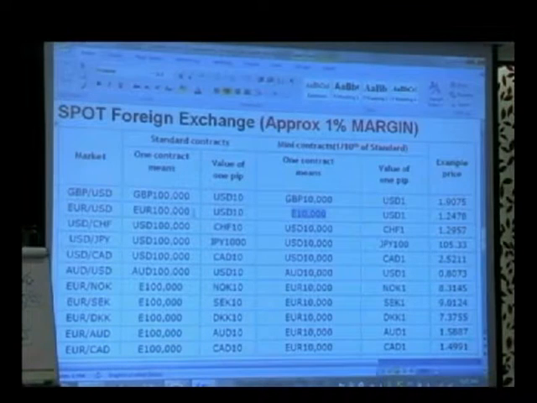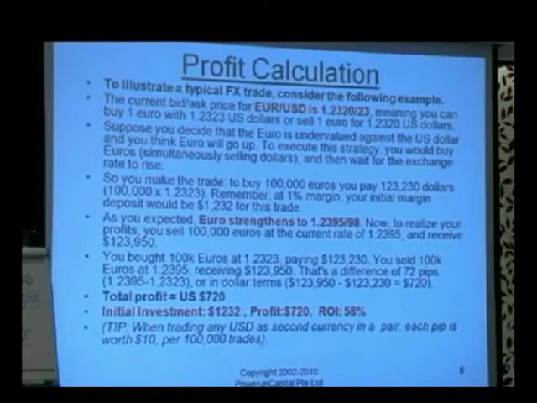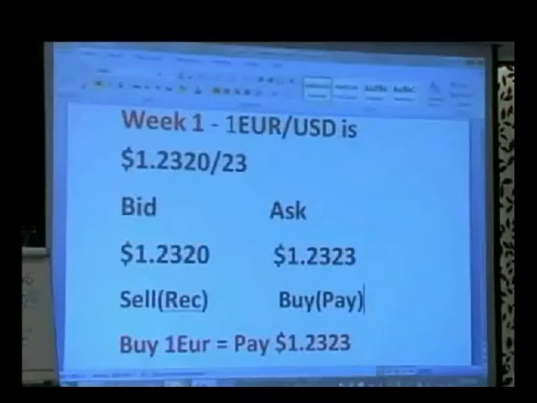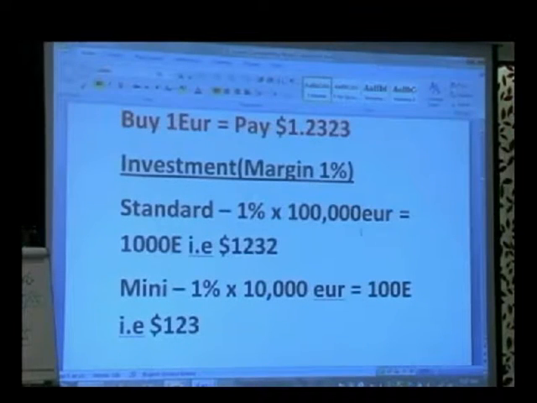But you don't need 100,000, neither do you need 10,000. You need only 1% of 100,000 and 1% of 10,000. Okay? So our margin, which is our investment, is 1% of 100,000 euros, which is 1,000 euros for standard contracts.